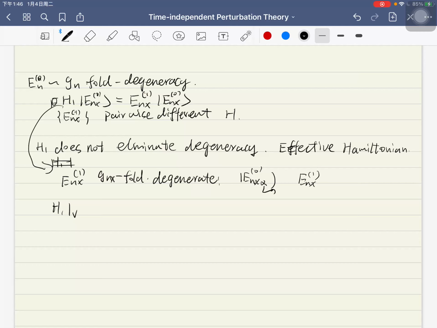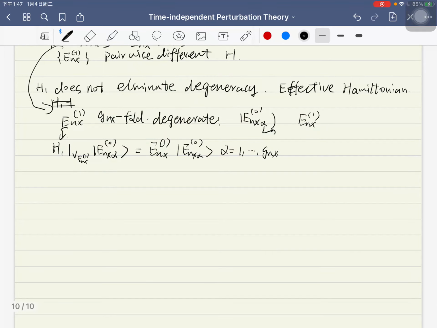So we have the equation, if we restrict to this sub-eigenspace, H1 |E_nx alpha^0> equals E_nx^1 |E_nx alpha^0>, with alpha equal to 1 through G_nx.